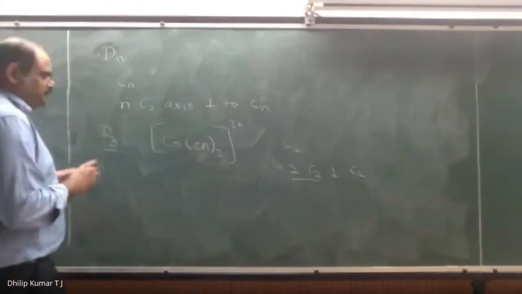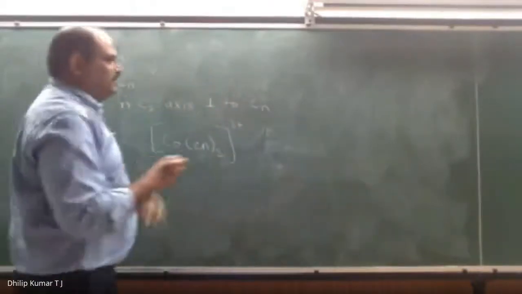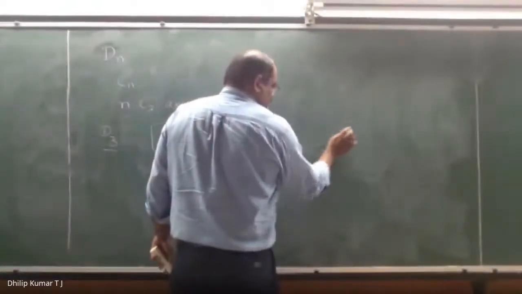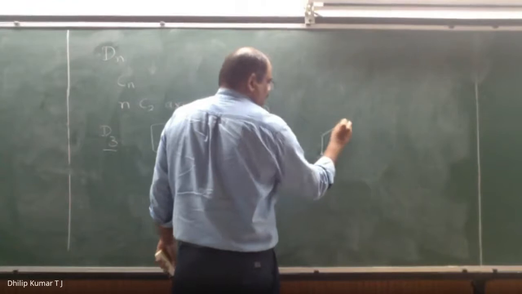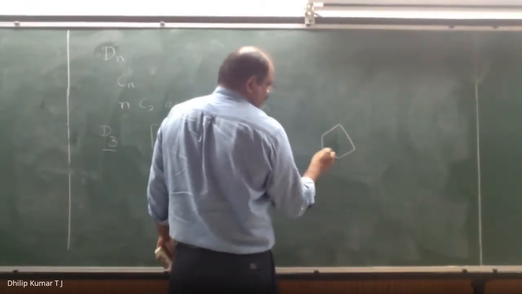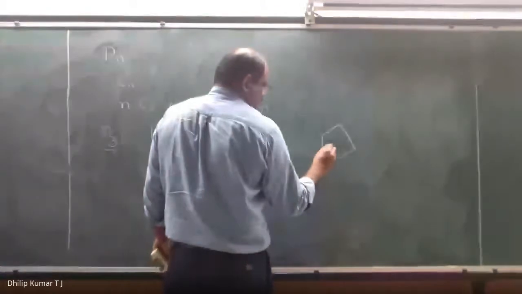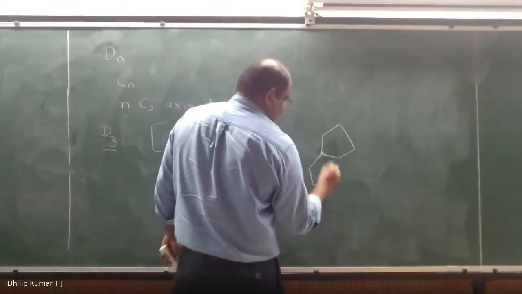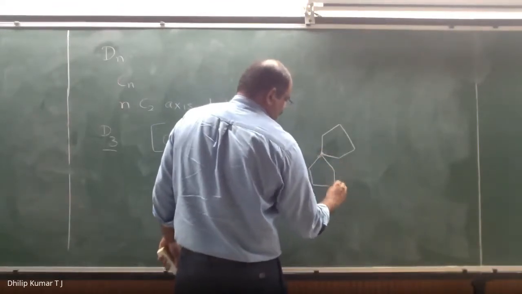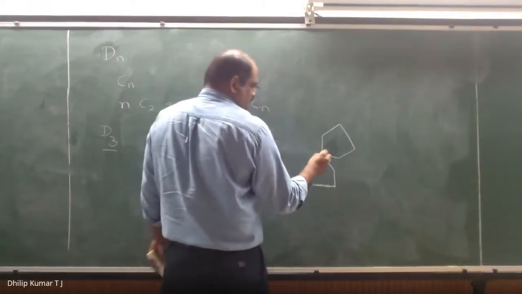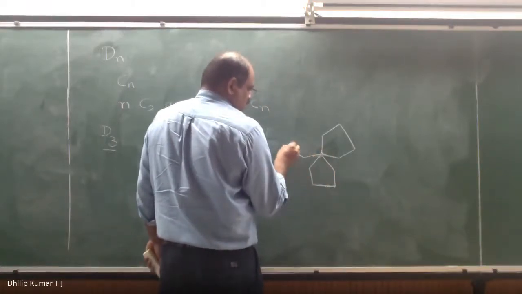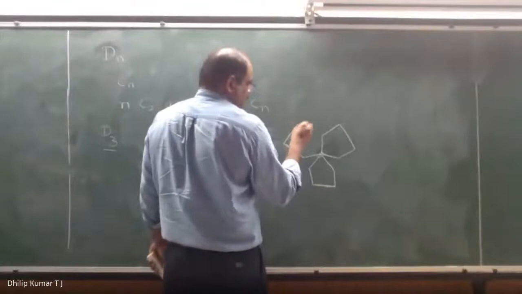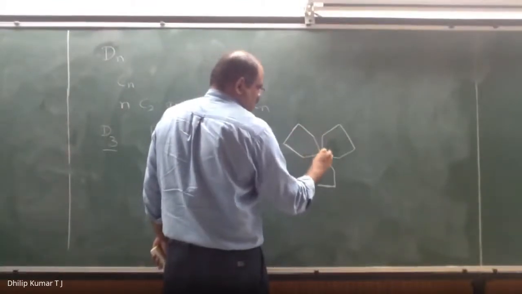I can draw. Let me draw. So from this point, there is a cobalt here. It will be something like this.